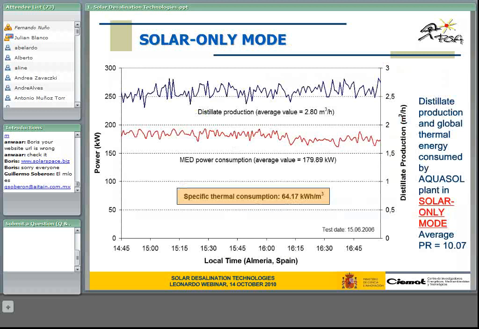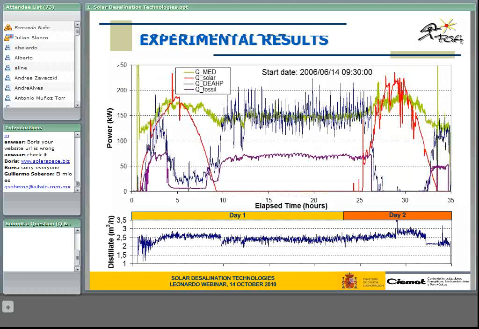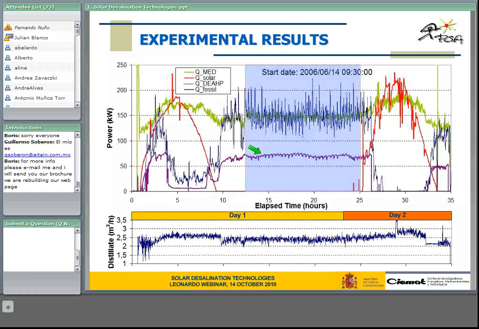Here on the top we have the power consumption of the MED, the nominal value of about 180 kilowatts of total consumption. If we make the analysis now during the night, this is the absorption heat pump working with gas.